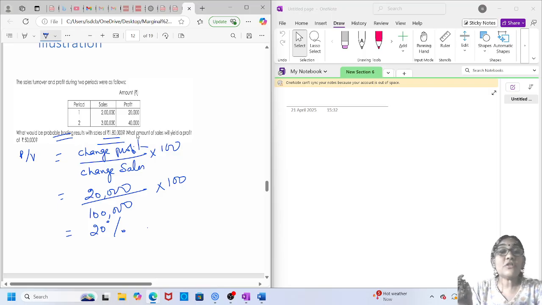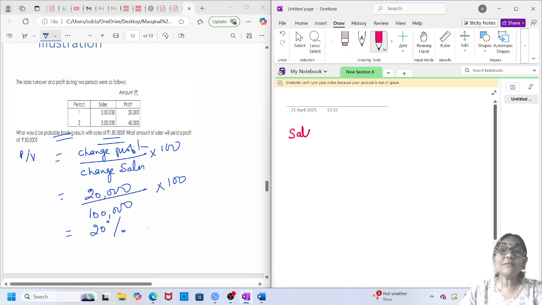Now we don't know the fixed cost, so we need to do a reverse calculation, but we have been able to calculate the PV ratio, which is change in profit upon change in sales. So going by this, your sales figures for both are 2 lakhs and 3 lakhs.